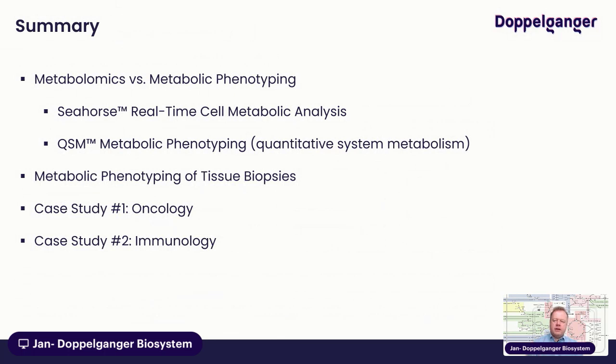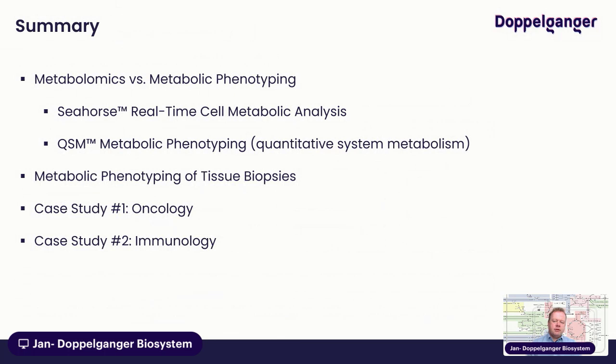And there are two main platforms. One is the Seahorse platform. It's a very popular instrument, which is often used in discovery settings. And there's QSM, metabolic phenotyping. QSM, by the way, stands for quantitative system metabolism.